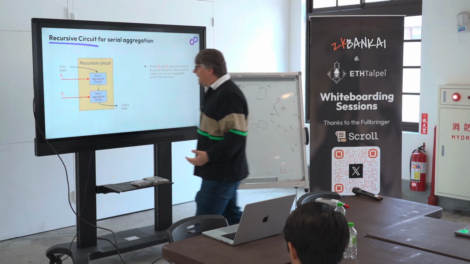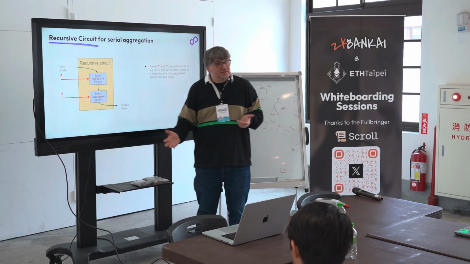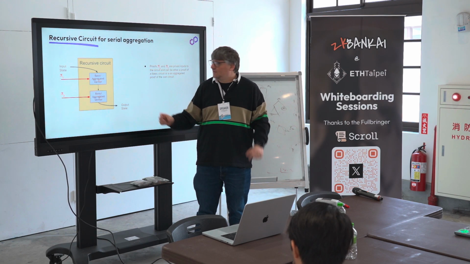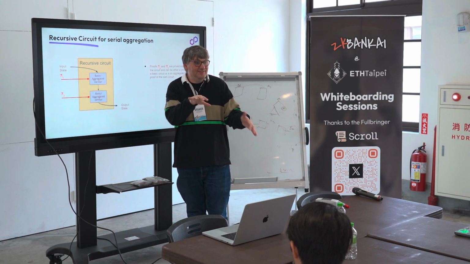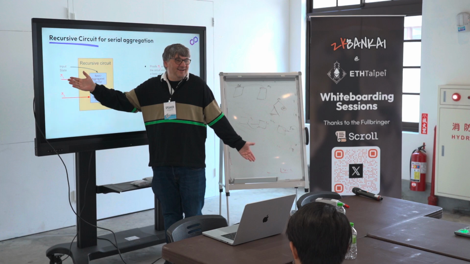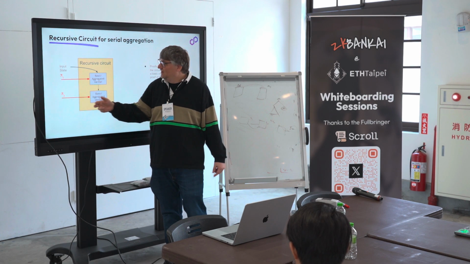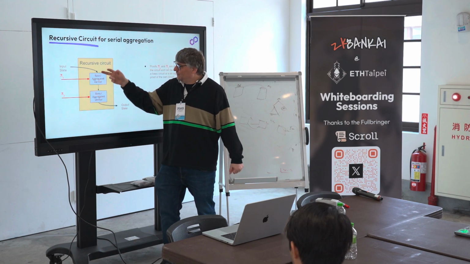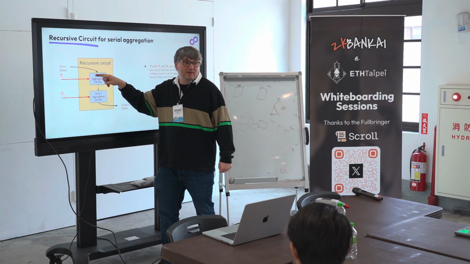Imagine that this is a circuit. A circuit has two templates: one template that verifies a proof of a batch, another that verifies a proof of a batch. Here, of course, the input state is connected to the beginning of the state.